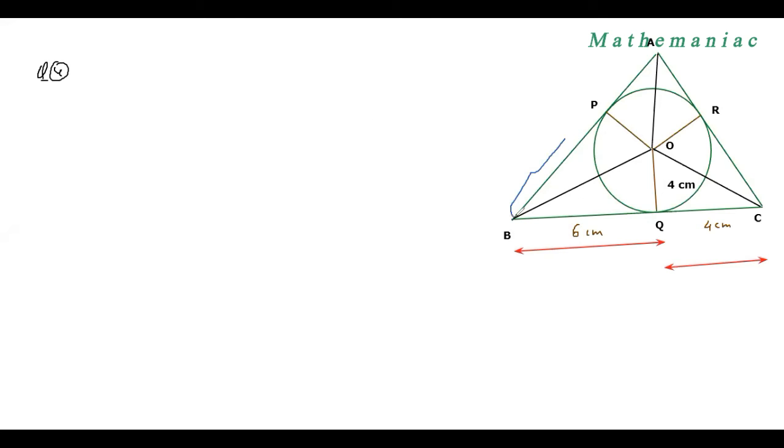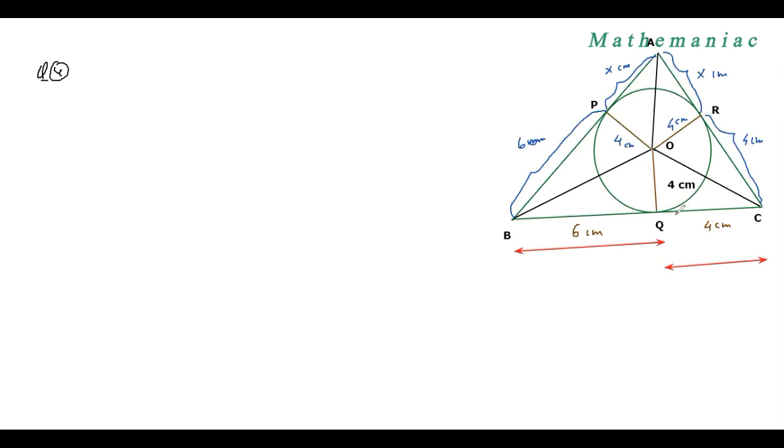So here this measurement is 6 centimeter, this measurement is 4 centimeter, and this measurement we are going to consider as x centimeter. In the same way, this will also be 6 centimeter, and all these radii will become 4 centimeter each. It is given already. So this is what we have started with.